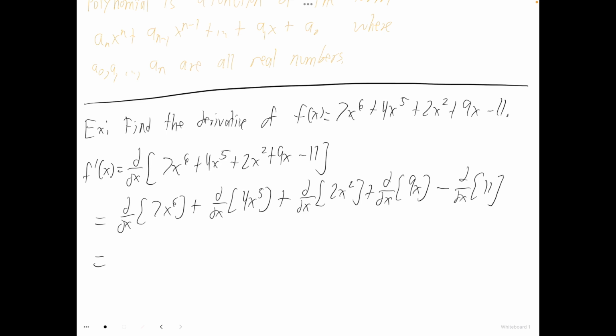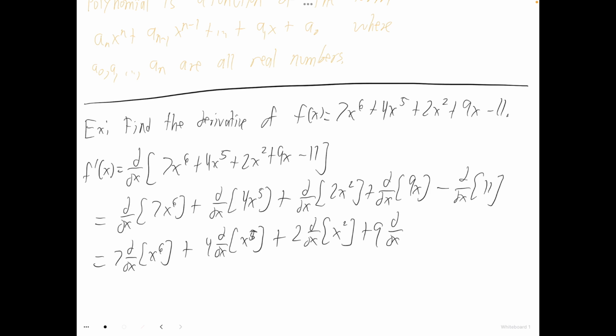And now we can pull constants out. So this is 7 times the derivative of x to the 6th plus 4 times the derivative of x to the 5th plus 2 times the derivative of x squared plus 9 times the derivative of x minus the derivative of 11.